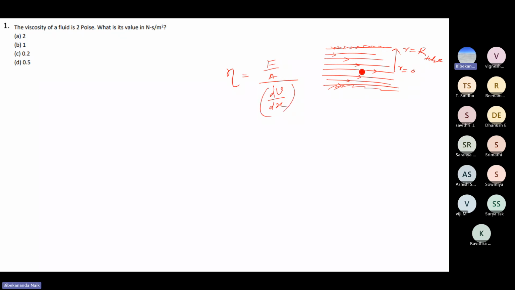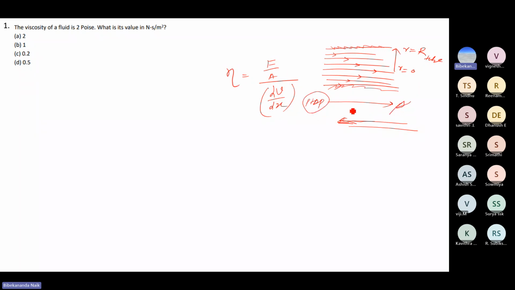Since there is a viscous force or viscous drag, because liquid is flowing in terms of a number of layers, when one layer goes over another, there is a viscous force in the opposite direction. Since liquid is flowing in this direction, more pressure will be on this side and less pressure on this side.